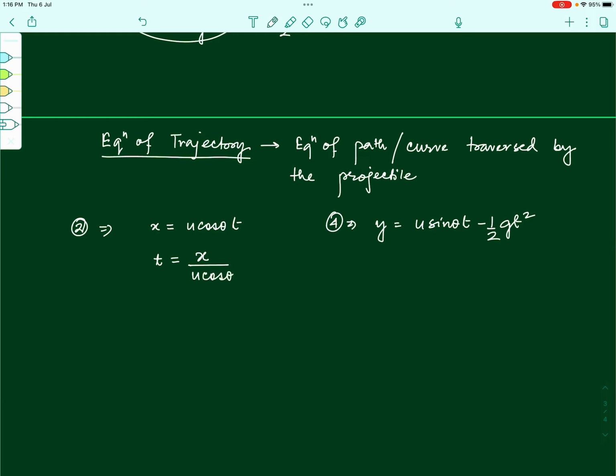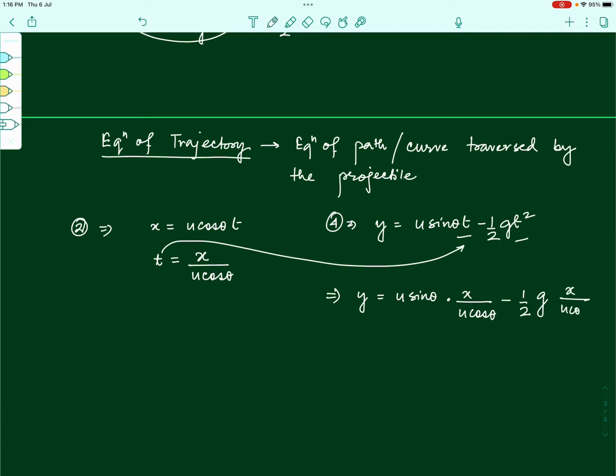Then we substitute this value of t in this equation in both the terms, so that we get an equation in y and x. Let us do that. This implies y = u sin theta into (x / (u cos theta)) minus half g into (x / (u cos theta)) whole squared.